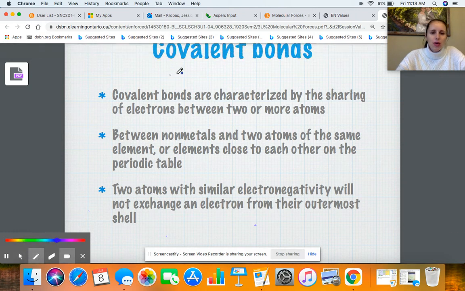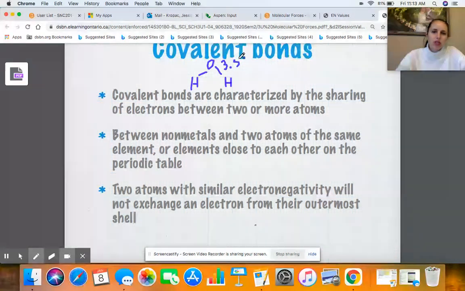So let's think about, we talked about hydrogen and oxygen before. We talked about water. That's an example of a covalent bond. It's a polar covalent bond. We just classified that. So what's happening here is oxygen has a higher electronegativity than hydrogen does, right? Oxygen has an electronegativity of 3.5. Hydrogen only has an electronegativity of 2.1.